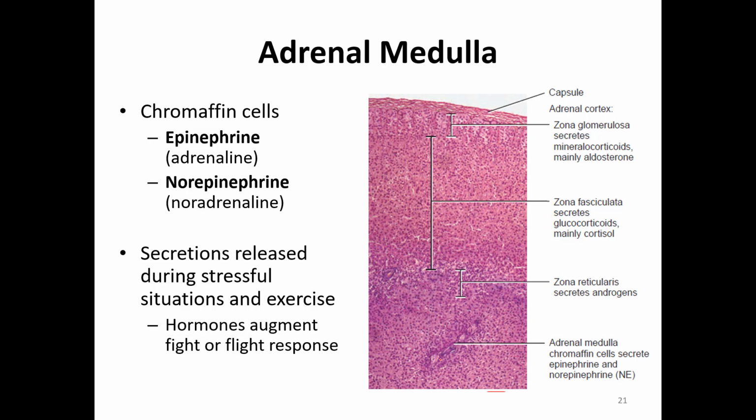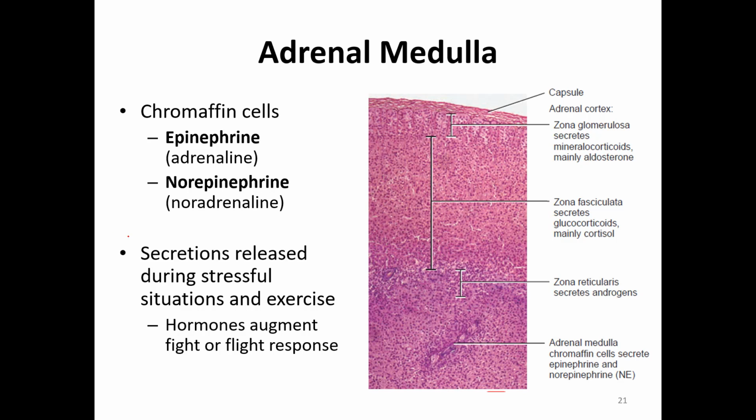When I talk about sympathetic activities, we remember from our discussions in 107 that sympathetic refers to the fight or flight response. And so the major organ systems affected by epinephrine and norepinephrine secretion are going to be those body systems or tissues that are important for fight or flight.